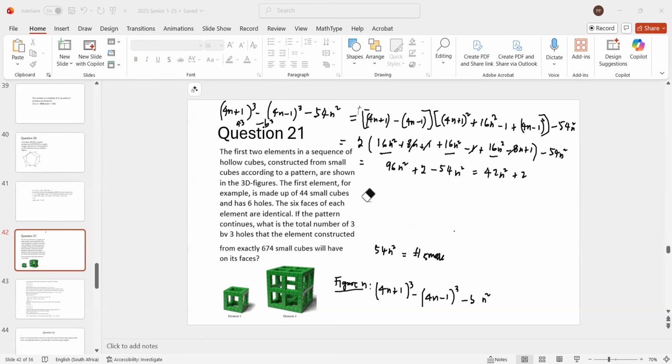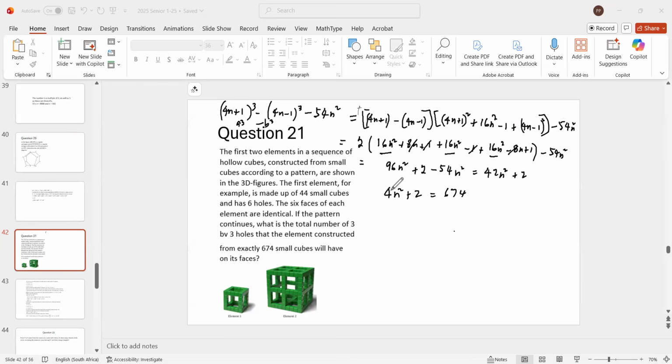it works. And now we are told that the number of cubes in the nth figure, whatever the n is, is 674. So we've got that this thing here, 42n squared plus 2 is equal to 674.